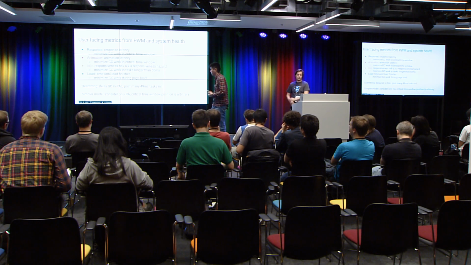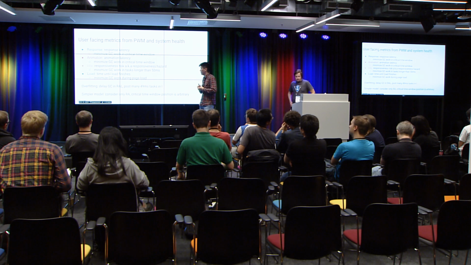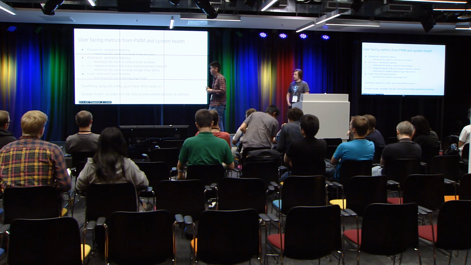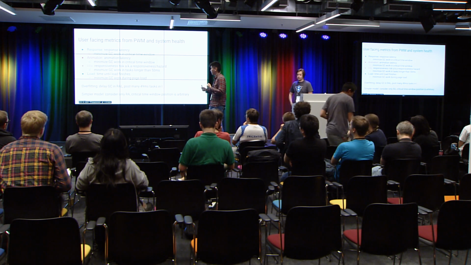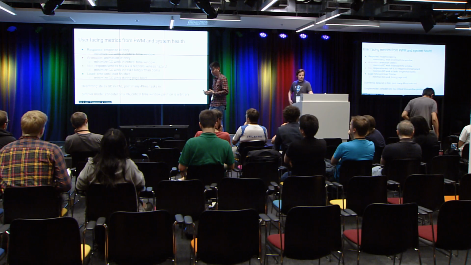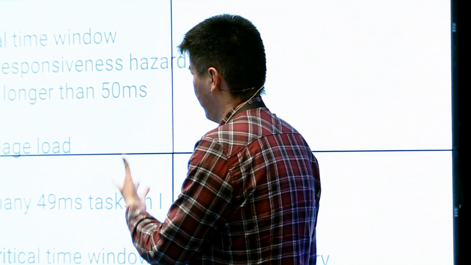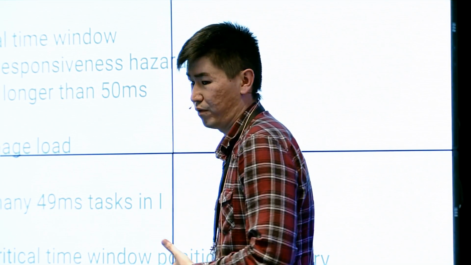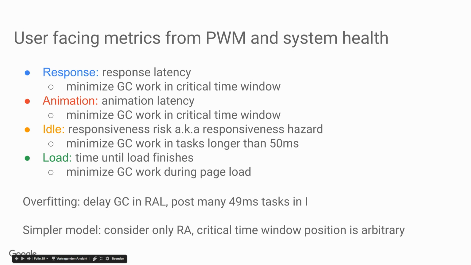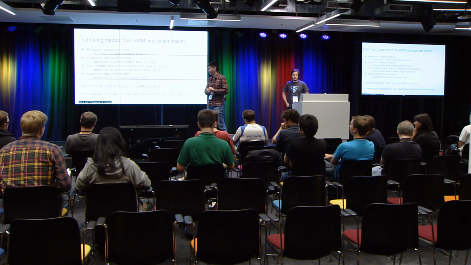The idle phase is interesting. The metric there looks at long-running tasks, tasks running longer than 50 milliseconds. And then in load phase, we want to minimize time to load. So if we take these metrics as they are and make them our metrics to drive performance in the garbage collector, then there is a danger that there will be overfitting.